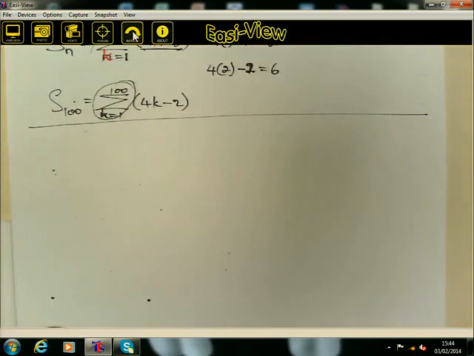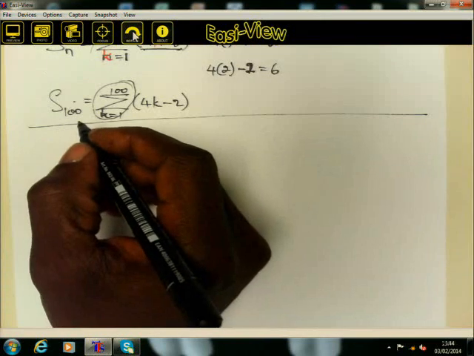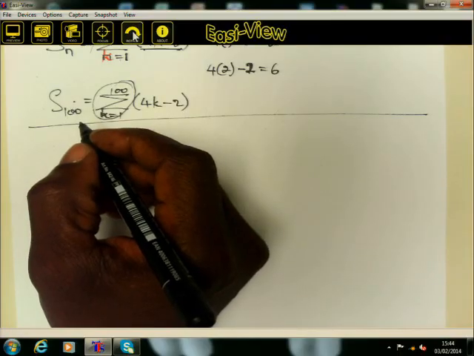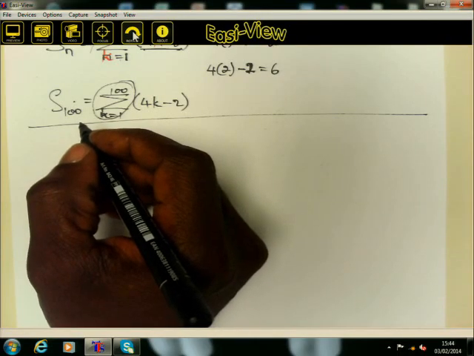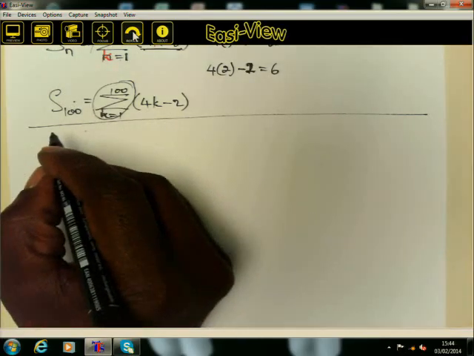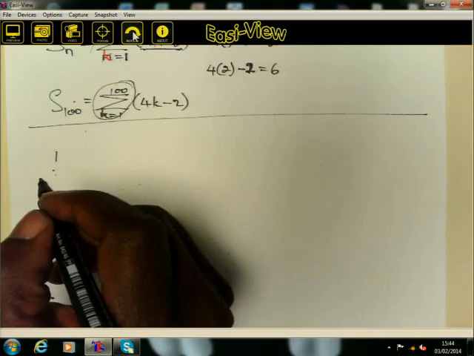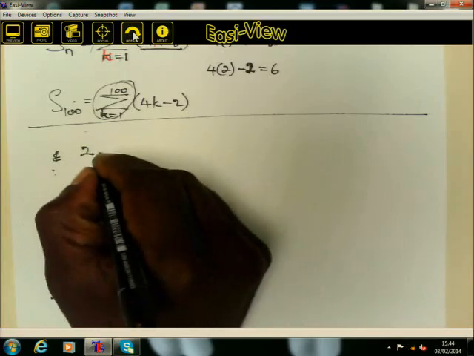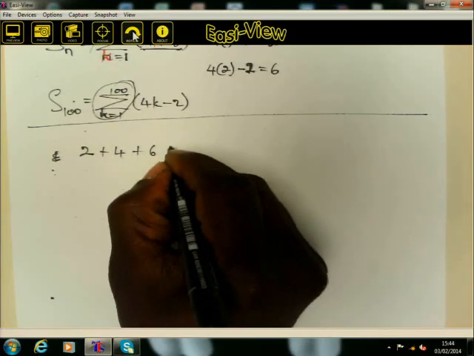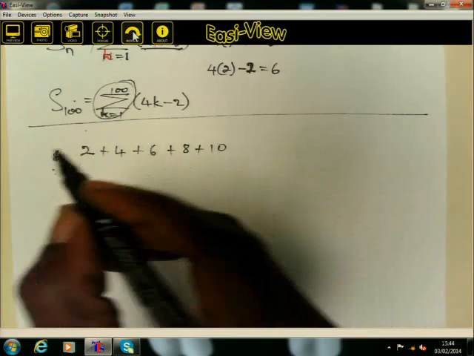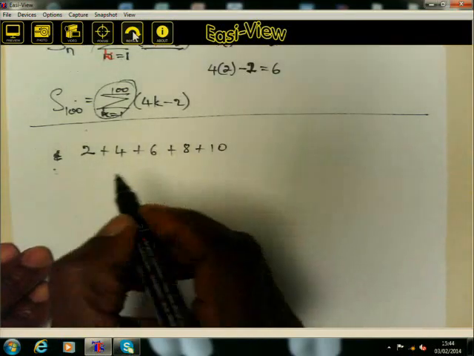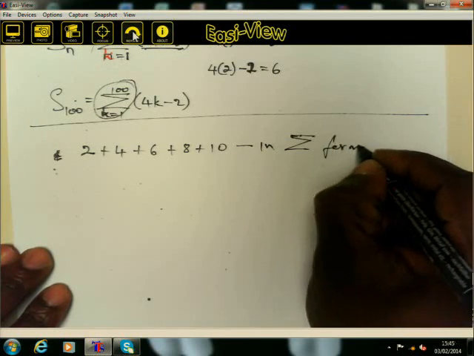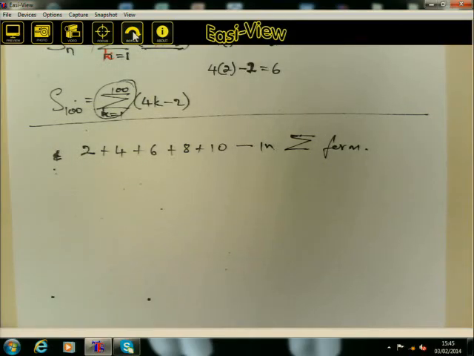Now, for an example, we want to write a certain sequence in a sigma notation form, and we must be able to do that. Let's say we are given 2 plus 4 plus 6 plus 8 plus 10. We are given that series there. We need to write this series in a sigma notation form. What is the first thing that we need to remember?